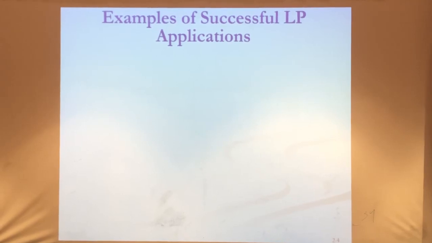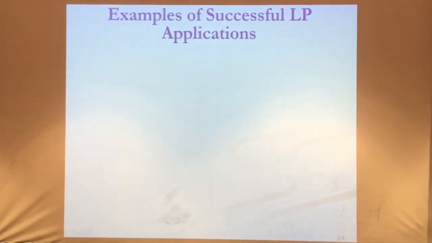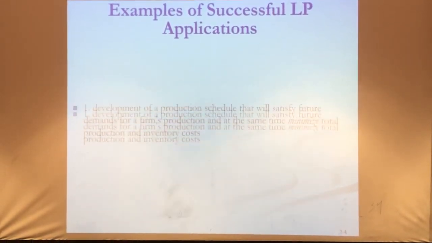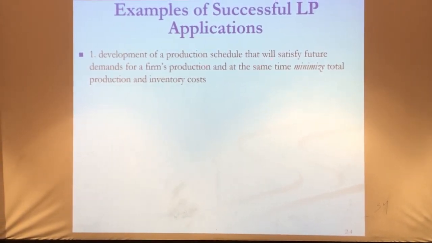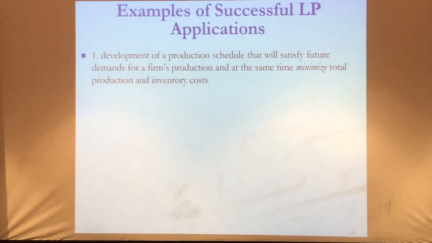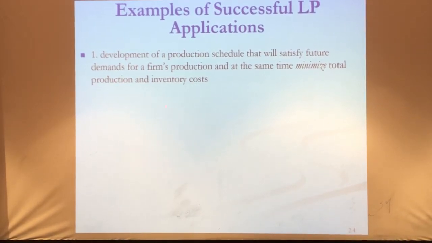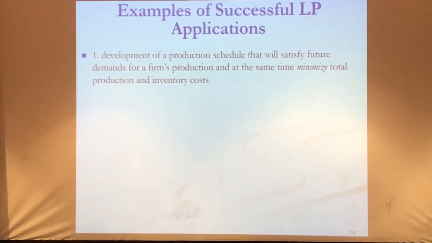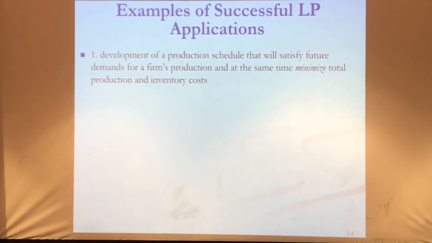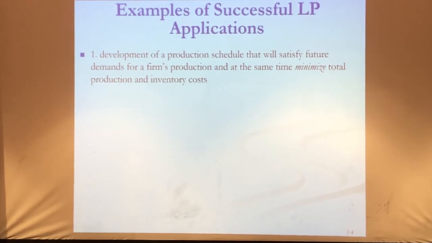Some examples of successful use of linear programming. For example, development of a production schedule that will satisfy future demands for a firm's production and at the same time minimize total production and inventory costs. Many problems are product mix problems.